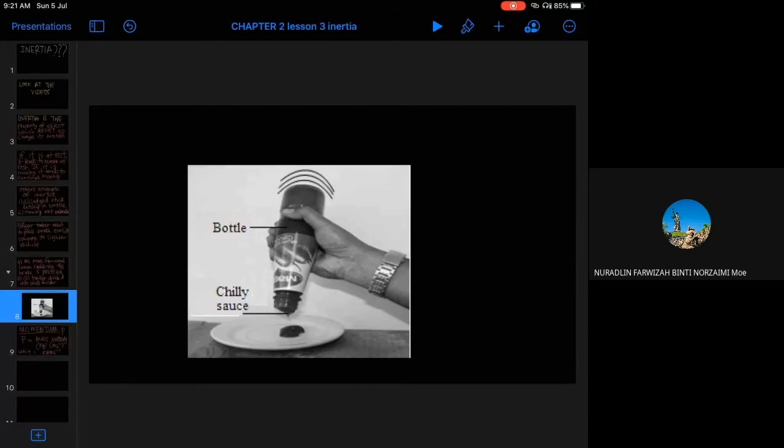For example, we wear a safety belt. Right? Safety belt holds us still in the car when suddenly the car is stopped. If there was no seat belt, you would be thrown out due to the inertia. So you wear the seat belt to protect yourself, to stay still inside the car.